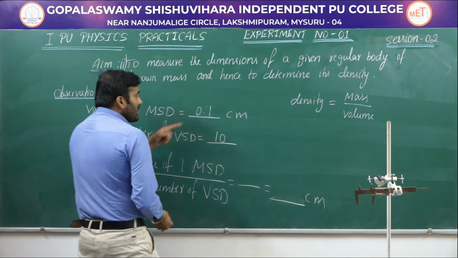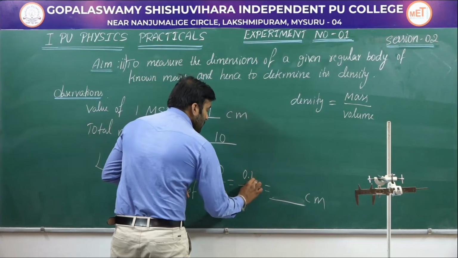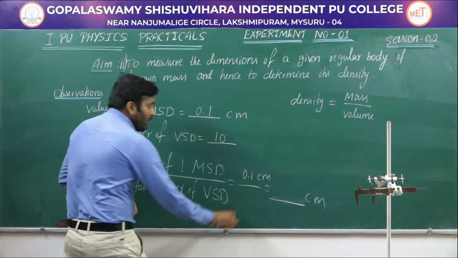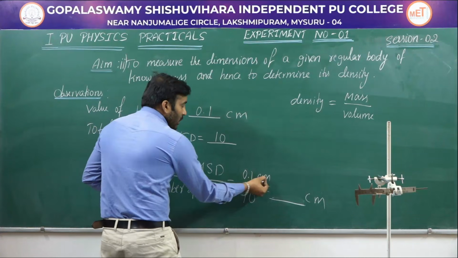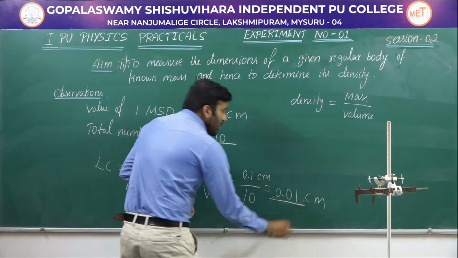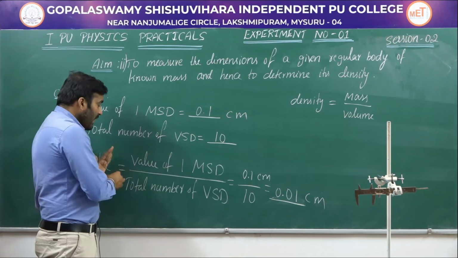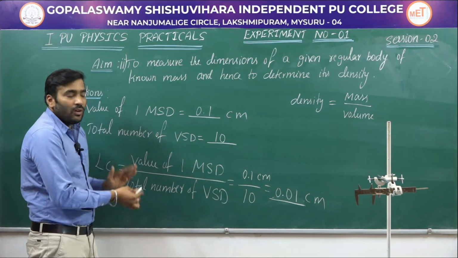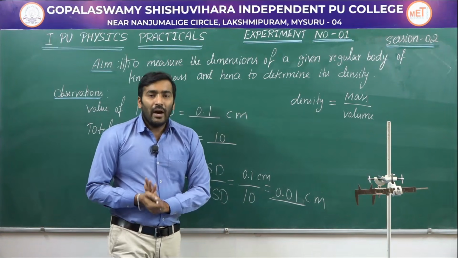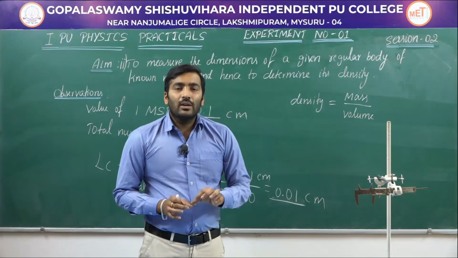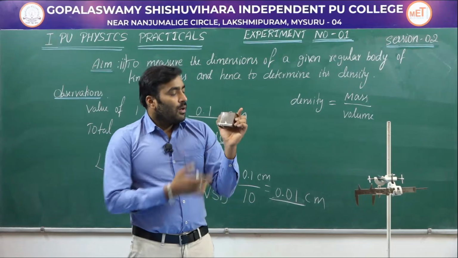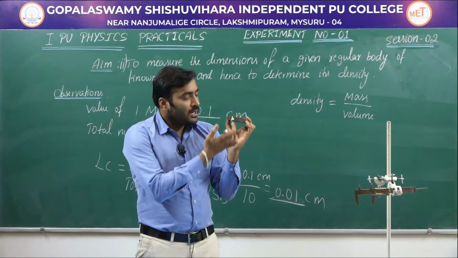Substituting 0.1 centimeter for the main scale division and 10 for the total number of vernier divisions, 0.1 centimeter divided by 10 gives us 0.01 centimeter. So the least count of the vernier scale is 0.01 centimeter.